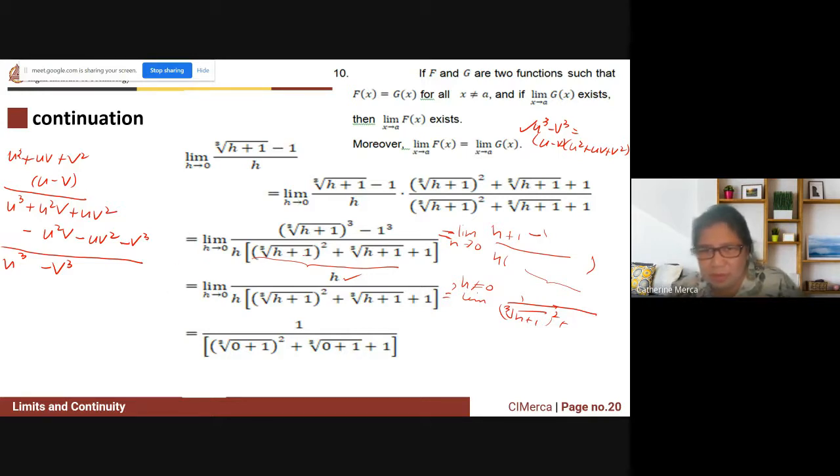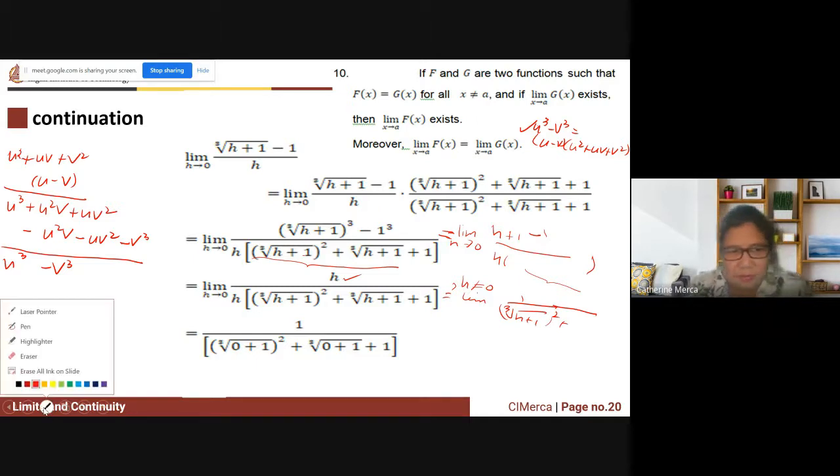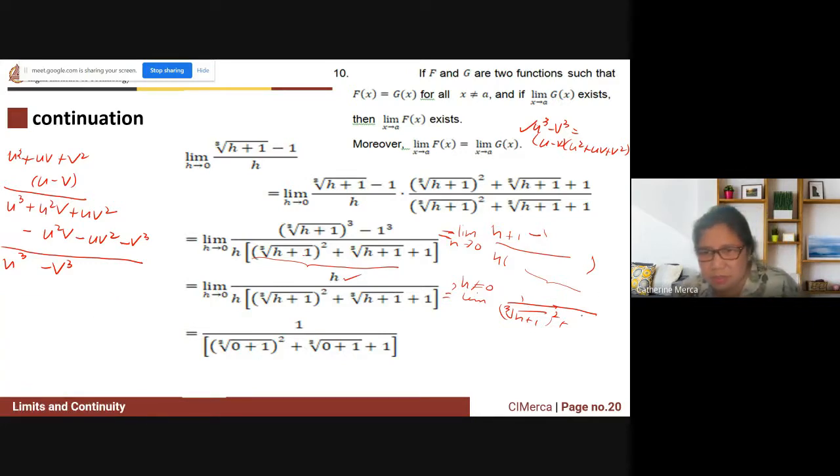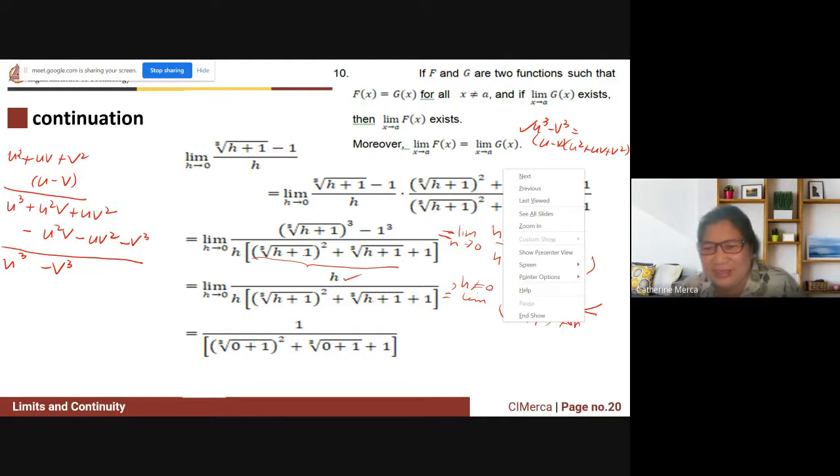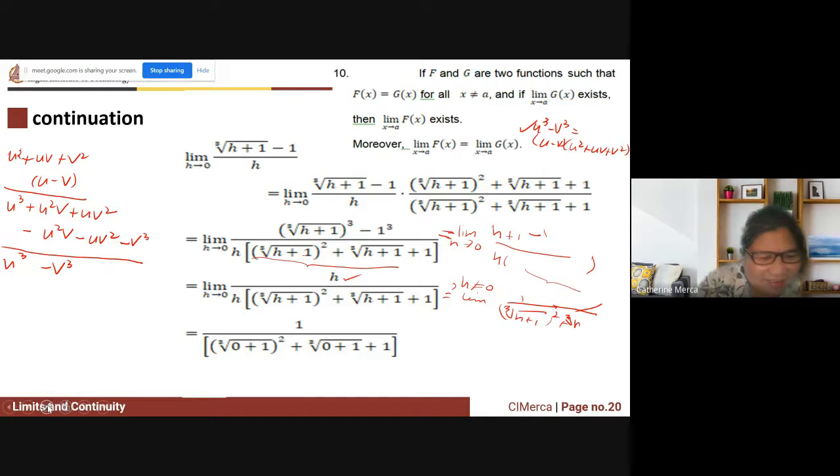It's not working well, the pen. So, anyway, I hope maintindihan pa rin ninyo. From here. So, dito, that is the cube root of, sorry, h plus 1. Kasi nagtatantrum yung pen. Ako. Okay.